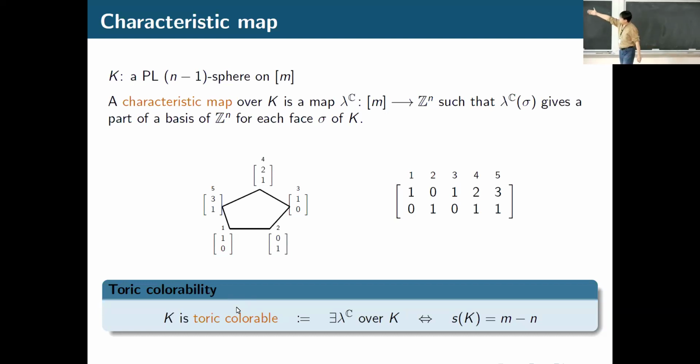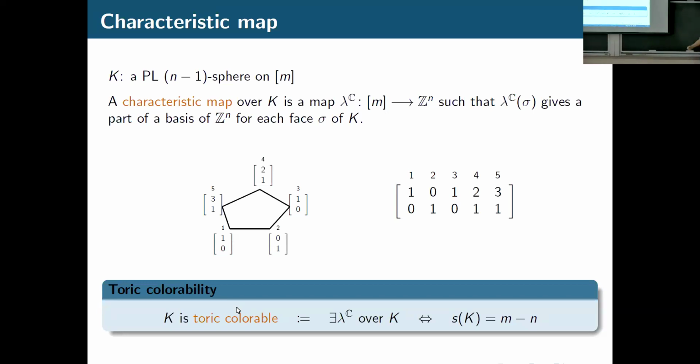If you have a pentagon and you define vectors at each vertex, then you can check the non-singular condition. For instance, if you take this space, the corresponding vectors are (2, 1) and (3, 1), and the determinant of this submatrix is just -1, so it is unimodular.